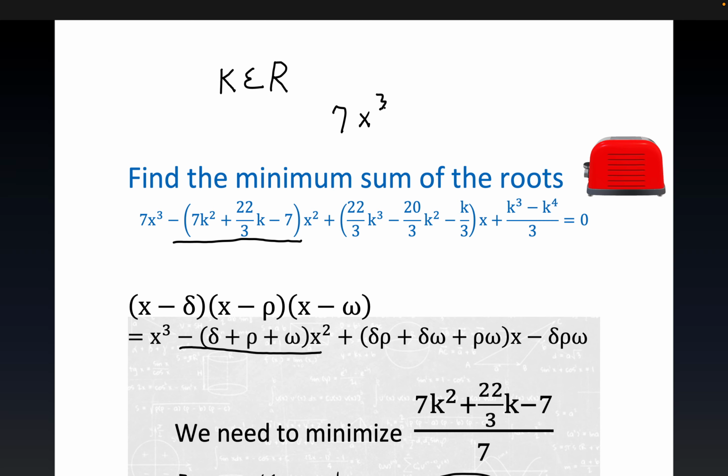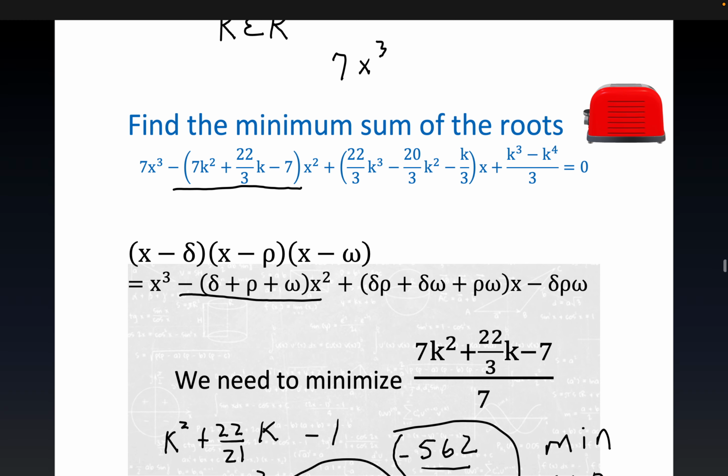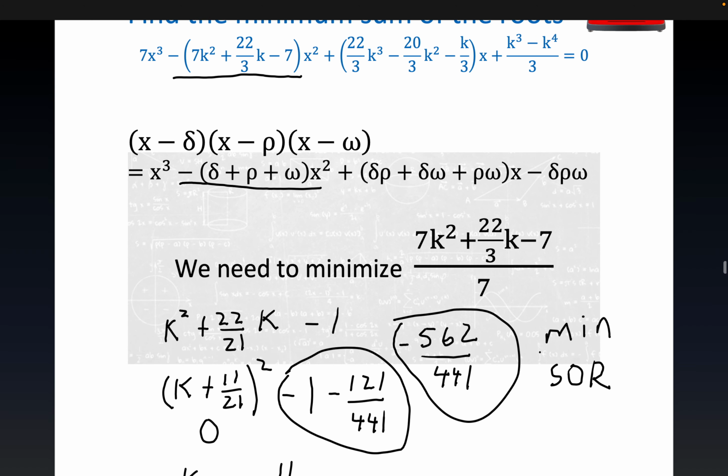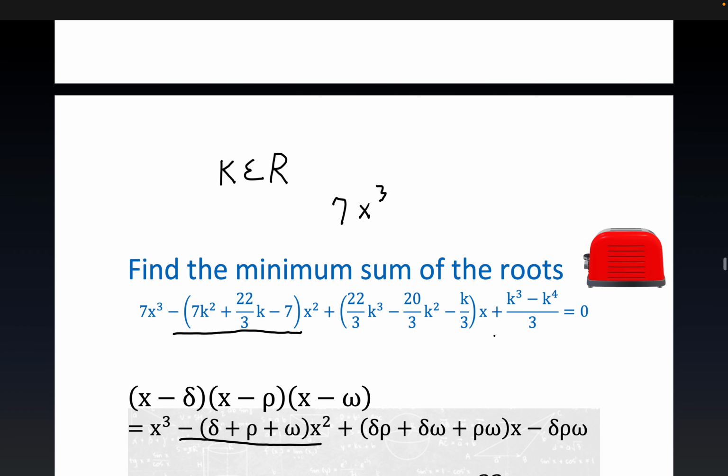Again, I want to stress, we are done with the problem. The minimum sum of the roots is minus 562 over 441, but I want to see how close we are when we try some obvious parameter substitution. So if we do k equals 0, this will give 7x cubed minus 7x squared, right?